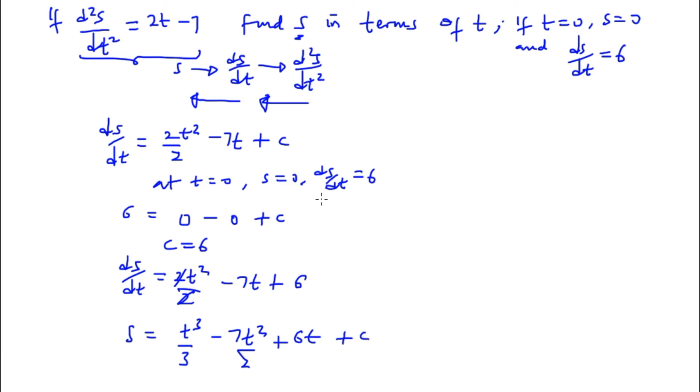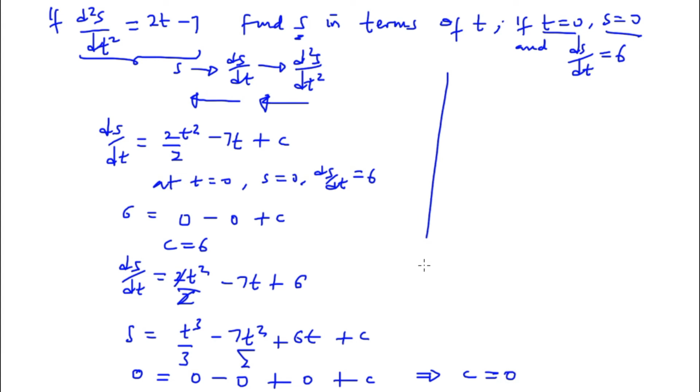Then we need to apply the conditions again so that we can obtain c. The question says at t equal to 0, s equal to 0. So s is now 0, t is 0, minus 0 plus 0 plus c, so c is equal to 0.